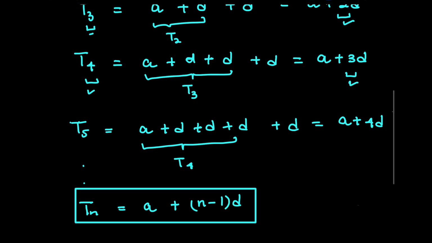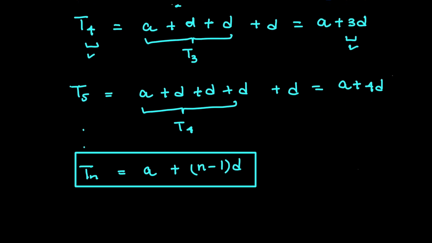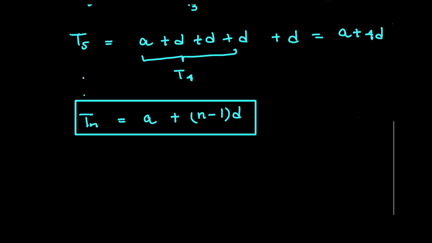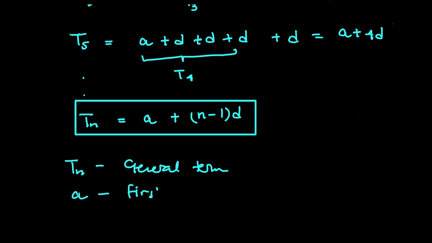So from pattern recognition, it actually proves that the general term is Tn is equal to A plus n minus 1 times D, where Tn is the general term, or the nth term, of an arithmetic sequence and A is the first term.